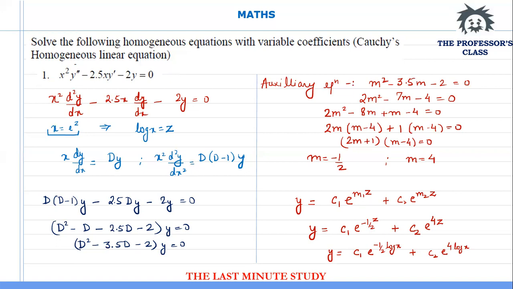Now, since the log in the power of the exponential will cancel out the exponential part, you will get this minus 1 by 2 going to the power of x, so it will become x raised to the power minus 1 by 2, plus c2. This 4 will go to the power of x, so it will become x raised to 4. So this is going to be your final answer for this type of question.